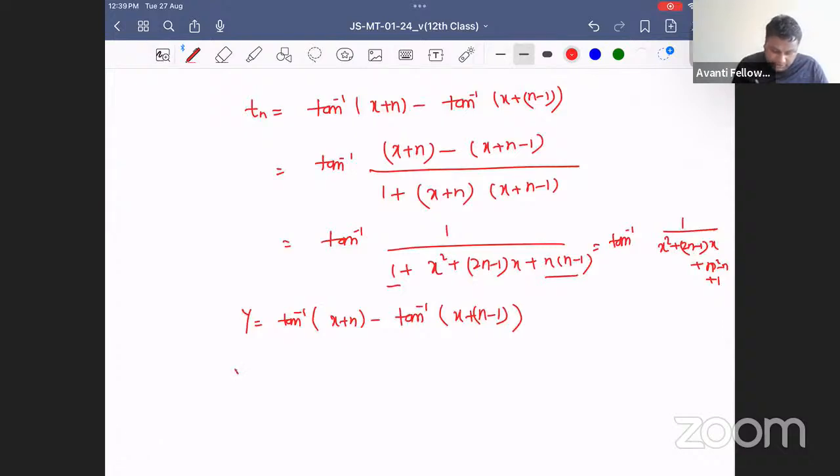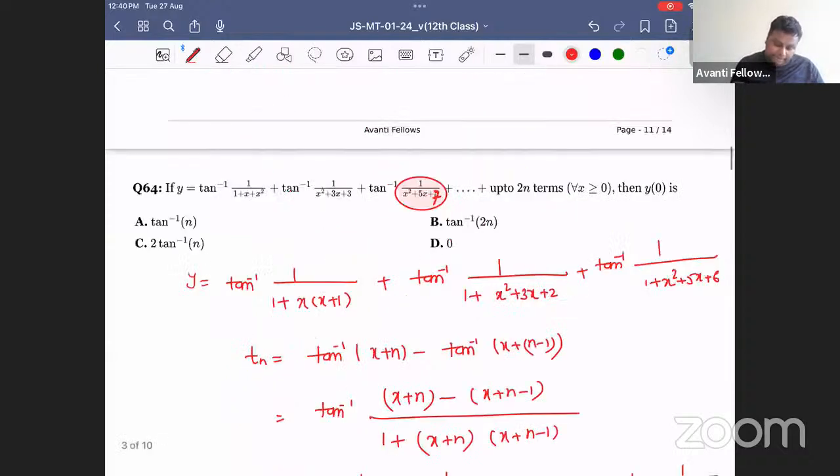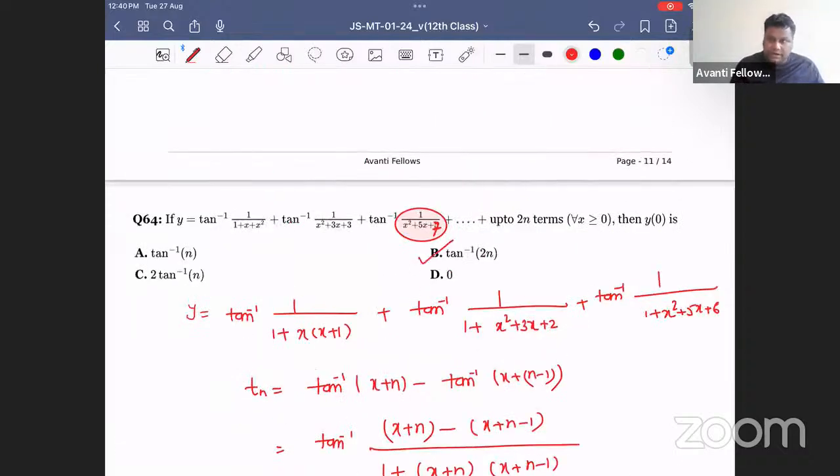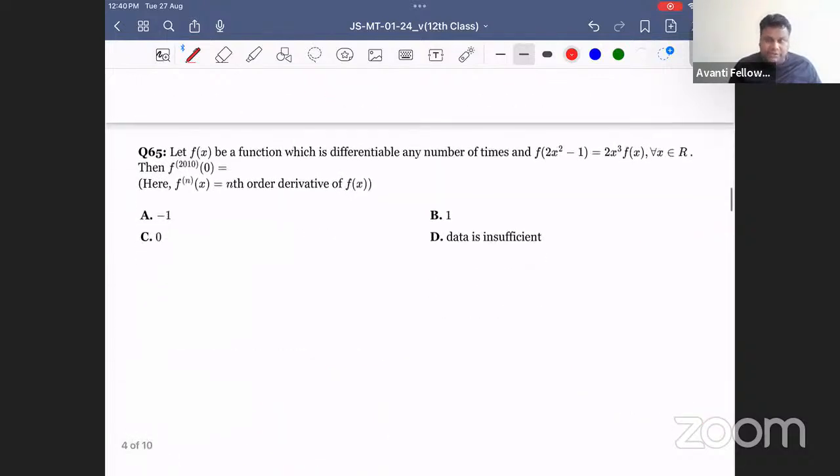So the sum of the series for 2n terms will be tan inverse of (x plus 2n) minus tan inverse x. This was the nth term. So at x equals 0 it will be tan inverse of 2n. Got it? Tan inverse of 2n.